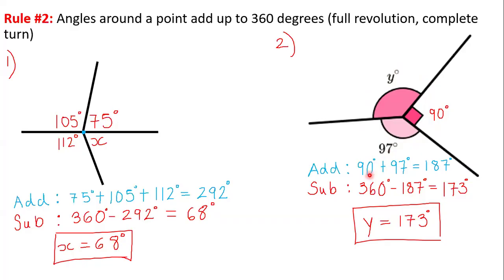We add them, and we get 187. But we know that the full thing is 360. So we subtract 187 from 360, and we get 173. Very good. So that's how we do it quickly.